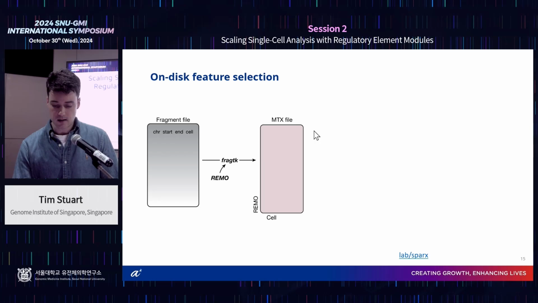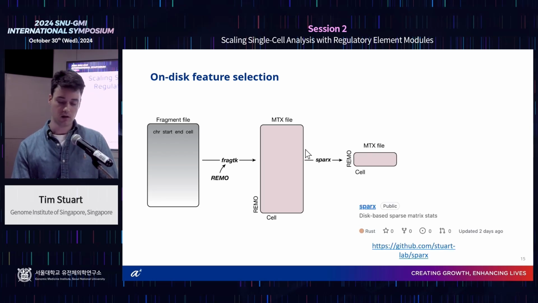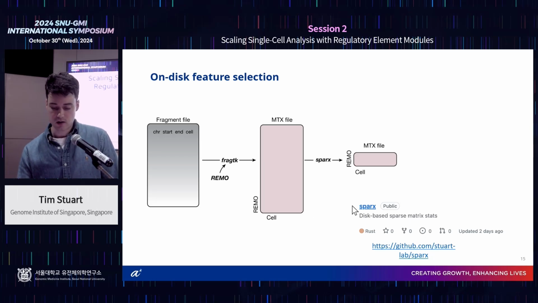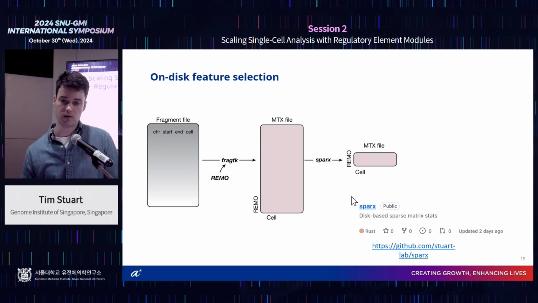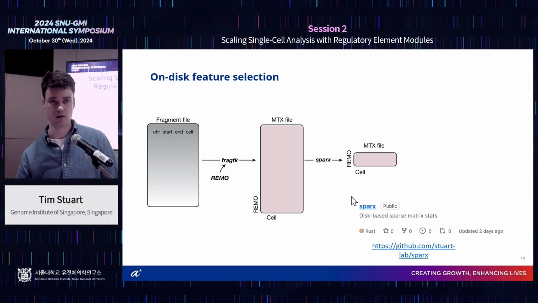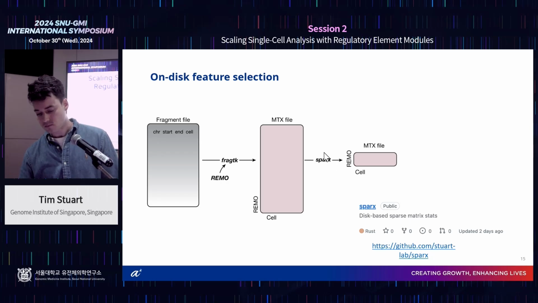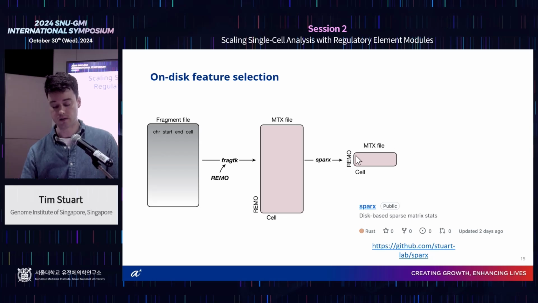So what we did next is we created a new software program that we called Sparks, which is a disk-based sparse matrix statistics and subsetting program, right? So this can very efficiently compute statistics on the matrix and perform subsetting of that matrix on disk. And so using that, you can very efficiently subset this larger matrix to a smaller one.